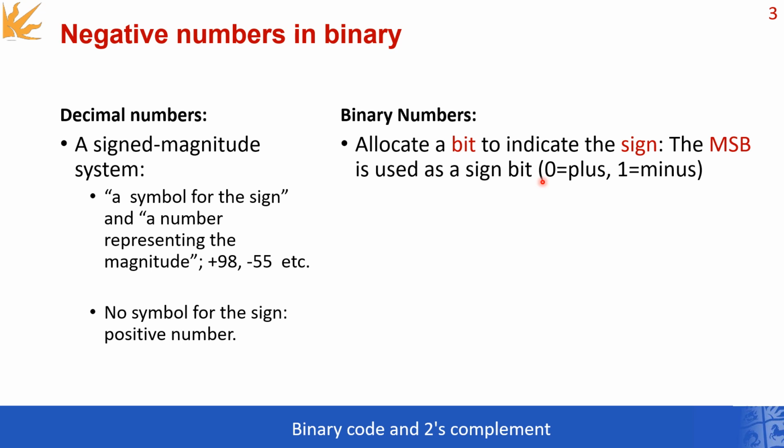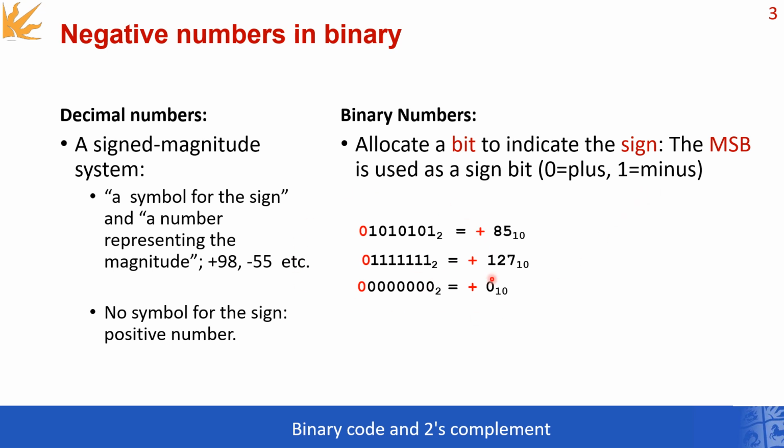Now, when it comes to binary numbers, we don't have signs. What we do instead is that we use the first bit, the most significant bit, to indicate the sign. For positive numbers, this means that the most significant bit is equal to 0, whereas for negative numbers, the most significant bit is equal to 1.